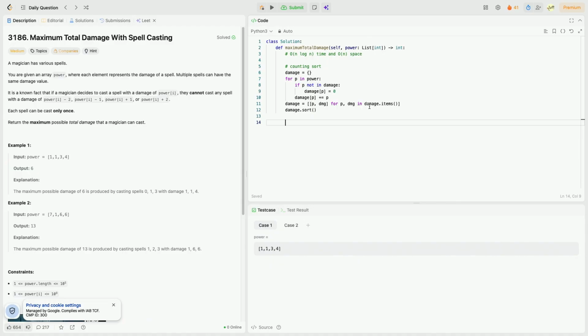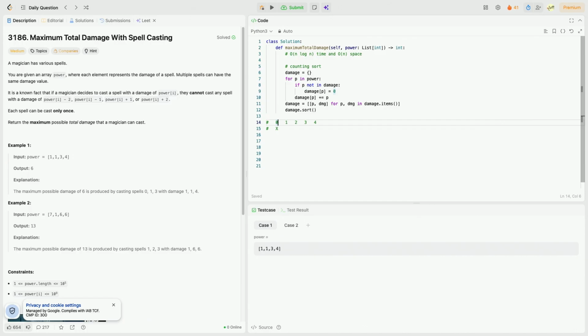And so the next step is, we now have something that we can use to iterate over, as we've discussed. When we iterate over this array, let's say we have index 0, index 1, index 2, index 4. Now, we have the choice of picking the spell at index 0, right?